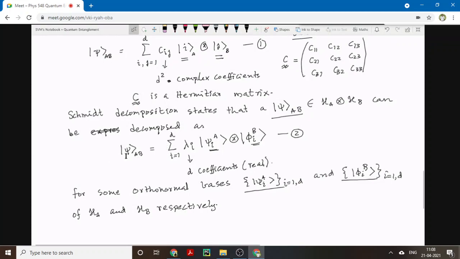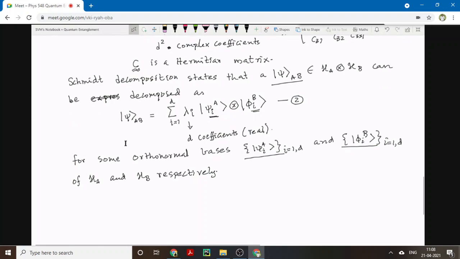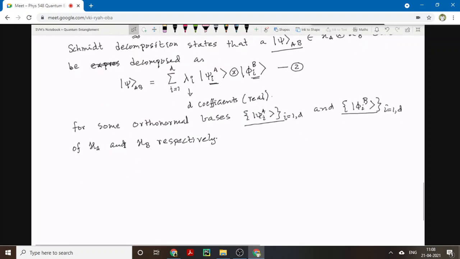Now, before we try to look at why this is true, let us ask a question: what if it is true? For a moment, let us assume that equation 2 is true.